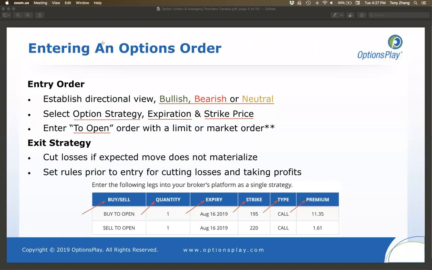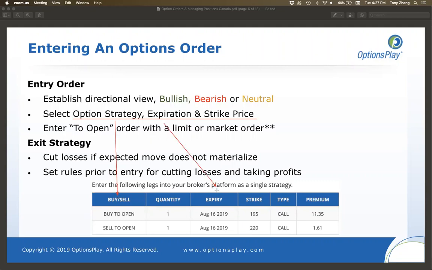So what you want to make sure that you understand is how to enter these things. So most of these things are predominantly already selected based on your strategy. So for example, your option strategy itself and the expiration date and strike price, which is determined by your underlying view of the stock or ETF, will help you determine whether you're buying and selling.